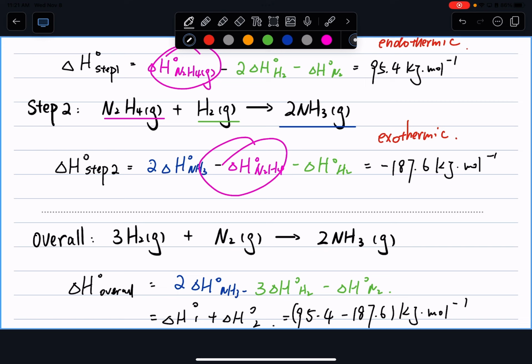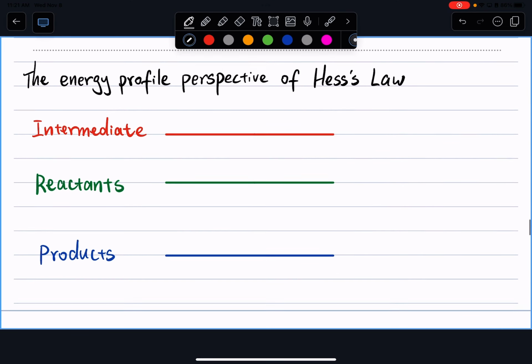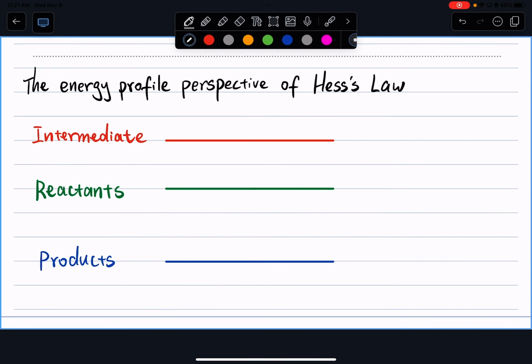Okay. And if we look at the energy profile for what is happening here, just to have a more qualitative understanding, we start from reactants. The first step is endothermic. So our first delta H1 is endothermic, it's positive.